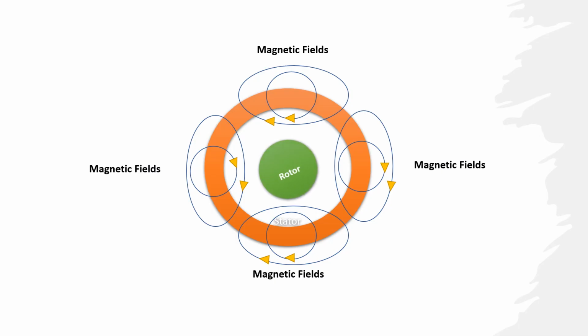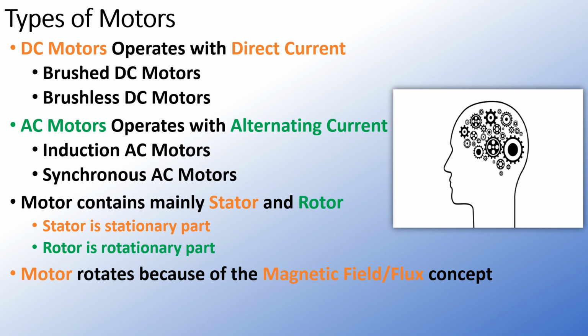So the magnetic field is the core concept which generates the rotational motion. DC motors are often used in applications such as electric vehicles, fans, pumps, and small appliances. So these are basically the places where DC motors are used.